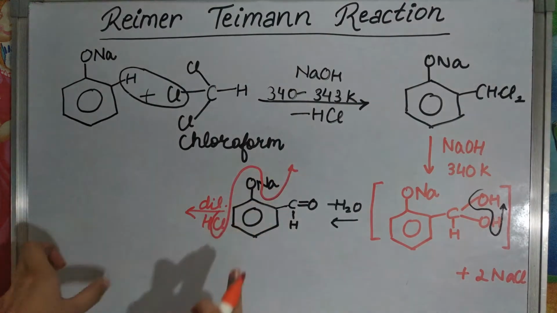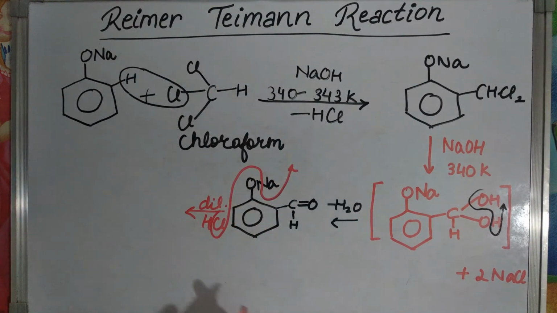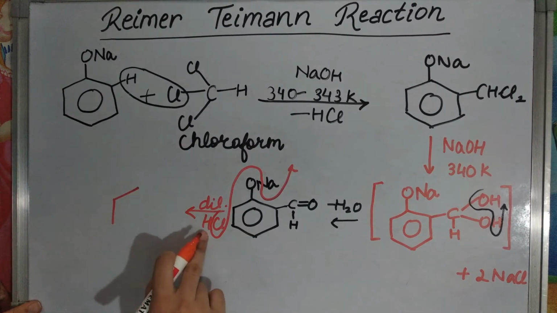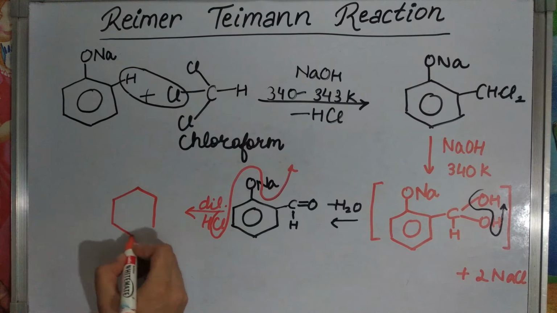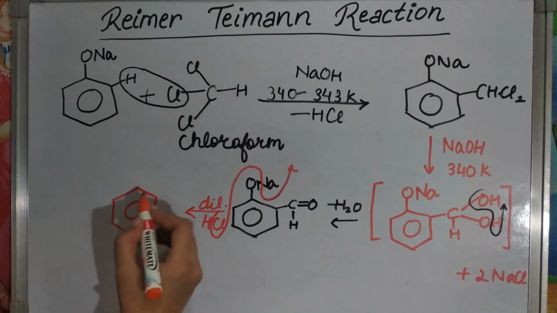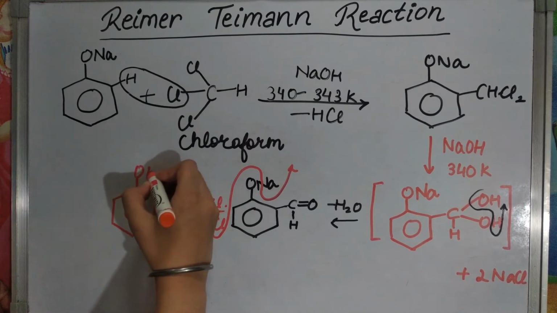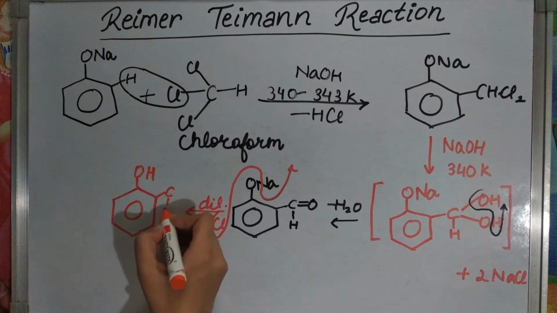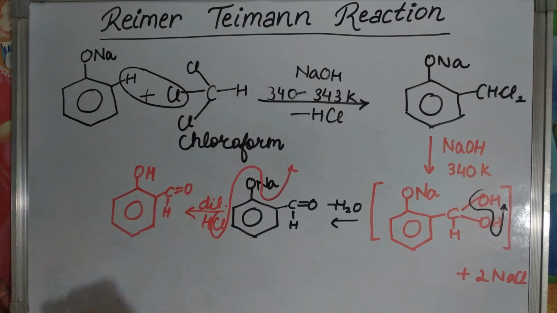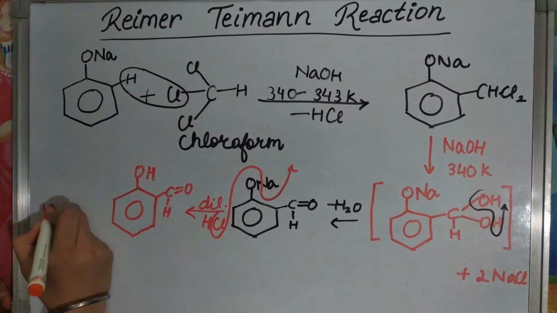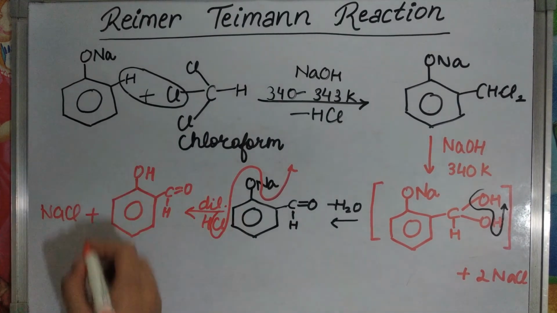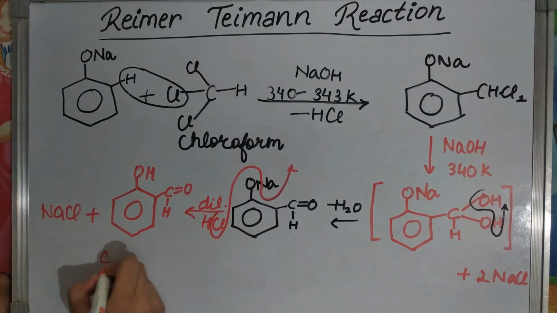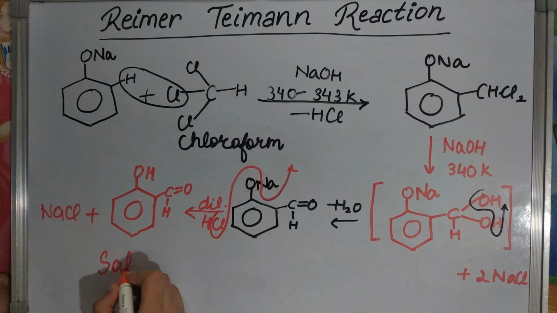Chloride and sodium ions both combine to form NaCl, and this hydrogen attaches to this oxygen and we get salicylaldehyde. This is OH and CH double bond O plus what we got here, NaCl. This is the main product of this reaction, which is salicylaldehyde.